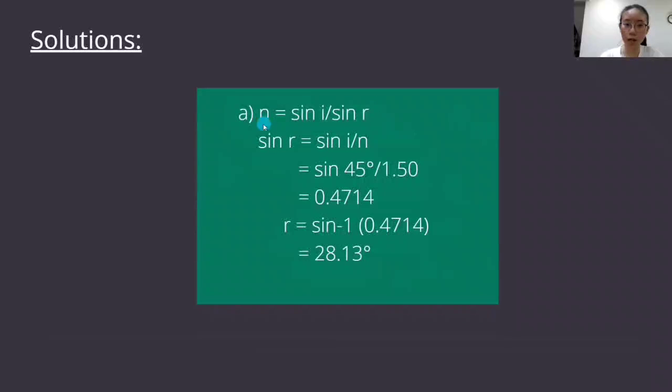We use this formula: n equals sine i divided by sine r. Then sine r equals sine i divided by n. We put the values in it: sine 45 degrees divided by 1.50. We will get 0.4714. To calculate r, we take sine inverse of 0.4714, and we will get the answer 28.13 degrees.